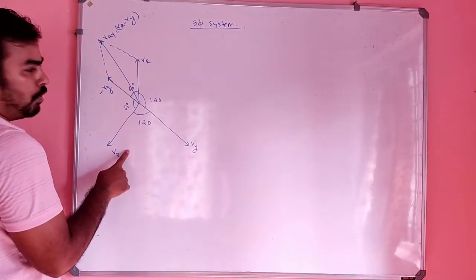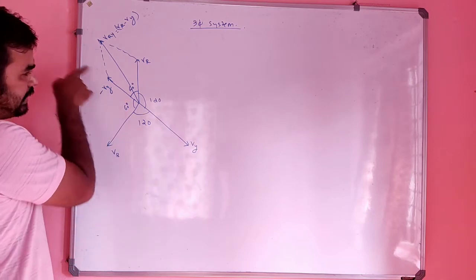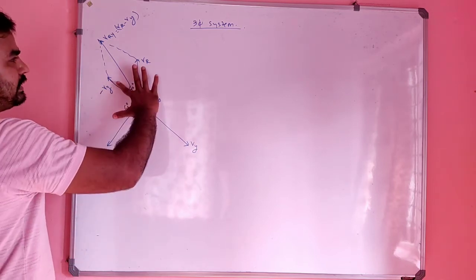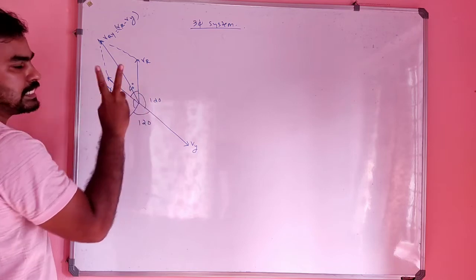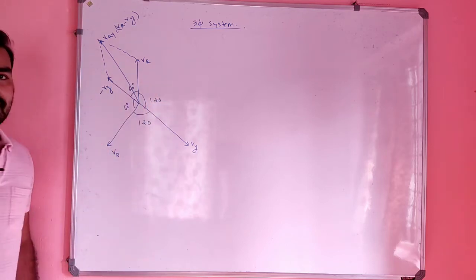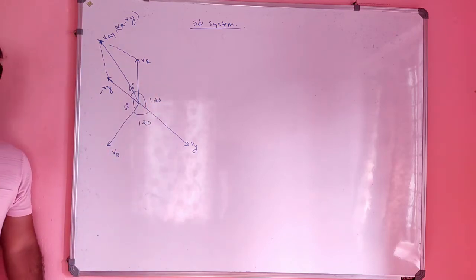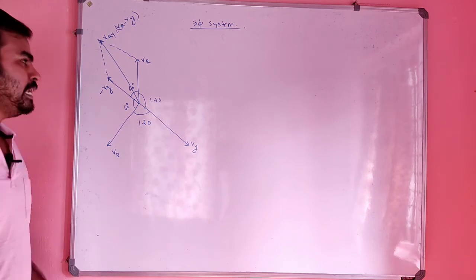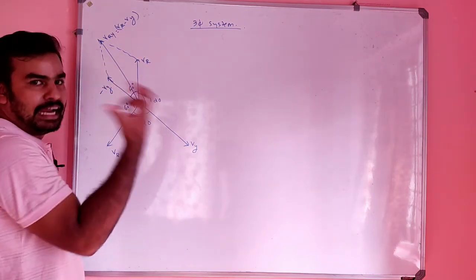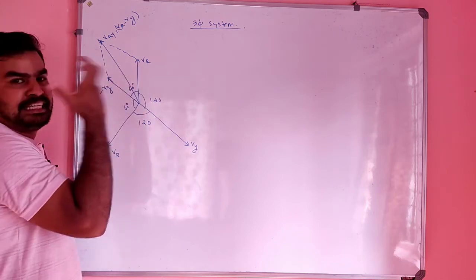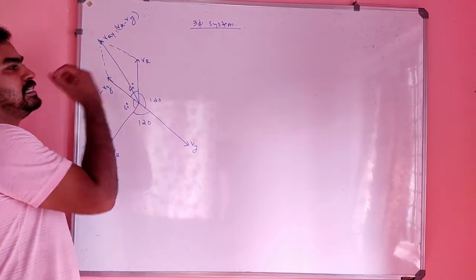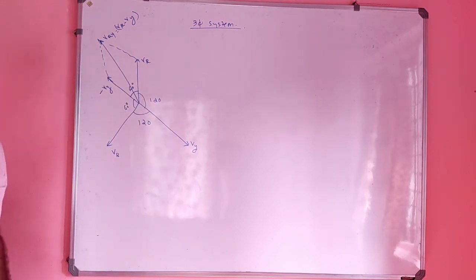VR, VY, VB you draw, you extend this vector VY as minus VY, and if two vectors are acting with an angle of 60 degree, you learned the parallelogram law of vector addition in plus two, right? If two vectors are acting at a certain angle, then what will be the resultant?